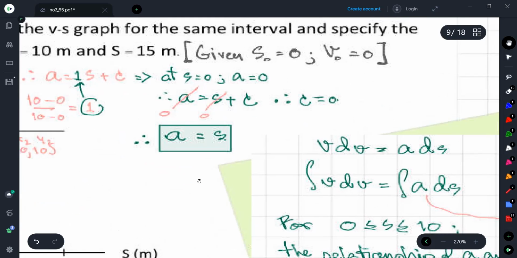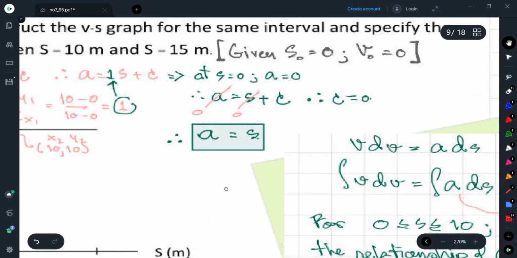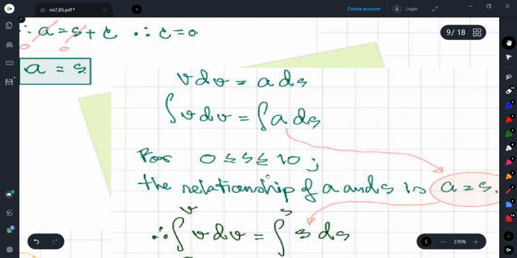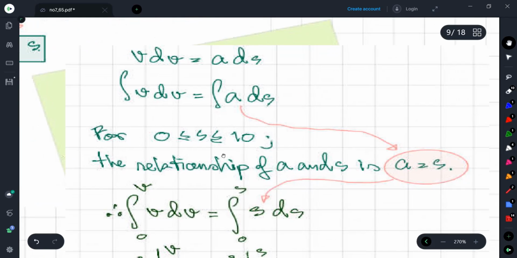We know that when S equals 0, V becomes 0 also. Because A equals S for the first range, we work from the relationship V dV equals A dS.